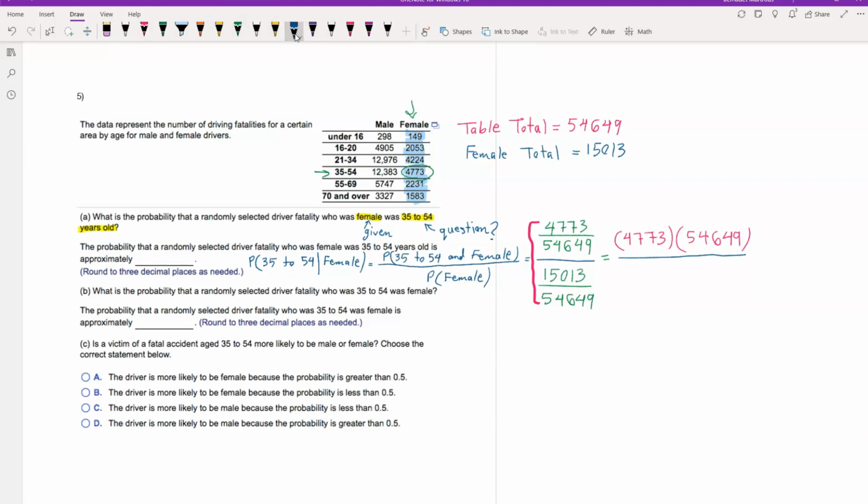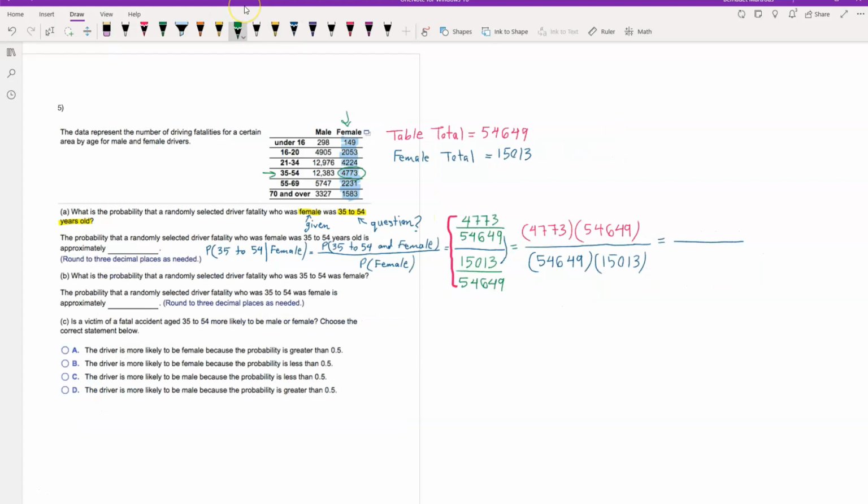Then in the denominator we have to multiply these two numbers, 54,649 multiplied by 15,013. We can simplify. 4,773 divided by 15,013. So this part cancels. And here is what we have. The answer is 0.318.